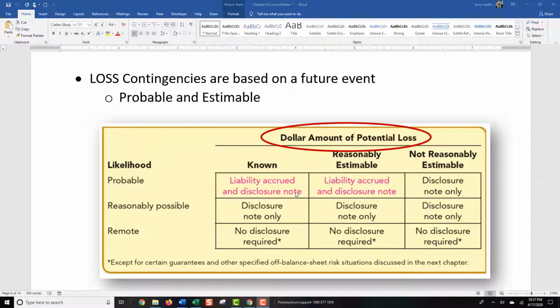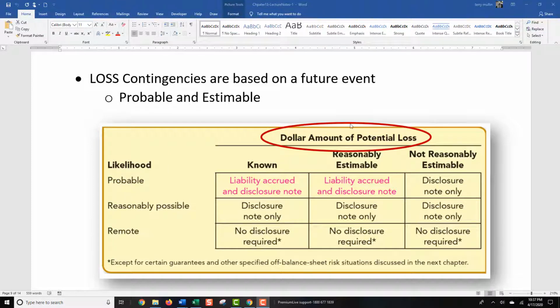If it falls into the next category, you would not make the journal entry. You would not make the journal entry, but what you would do is put it into the notes to the financial statements. That's the full disclosure principle.